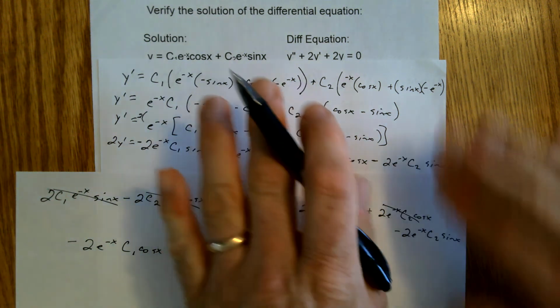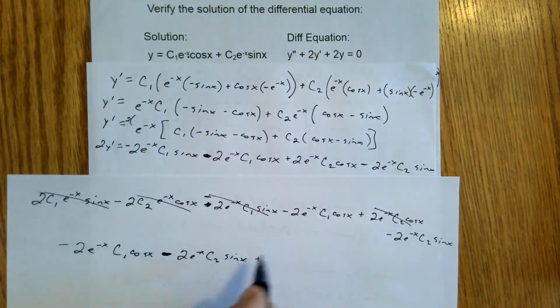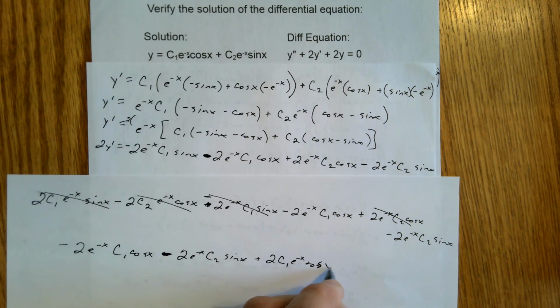But to that we want to add 2 of my y's. So to that I want to add 2 c sub 1 e to the negative x cosine of x, and plus 2 c sub 2 e to the negative x sine of x.